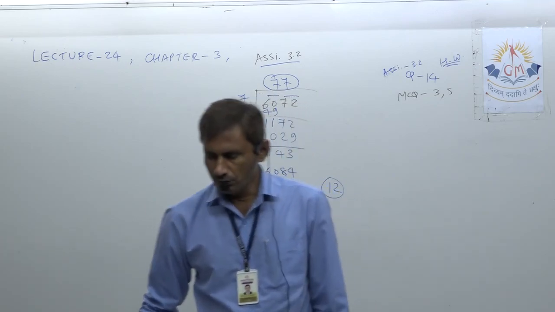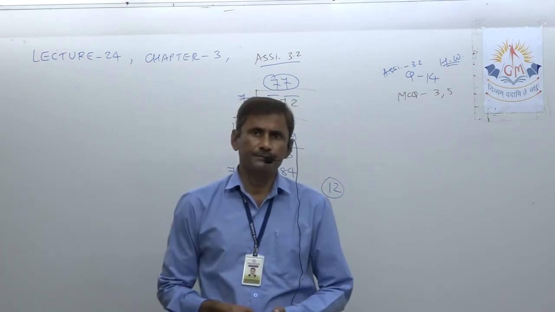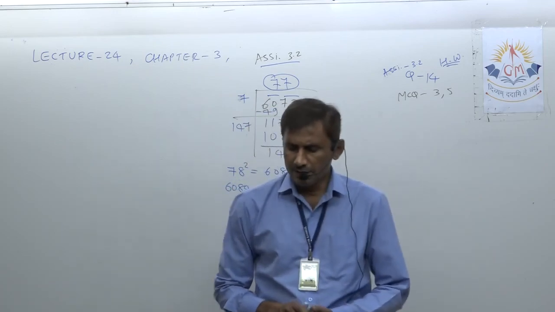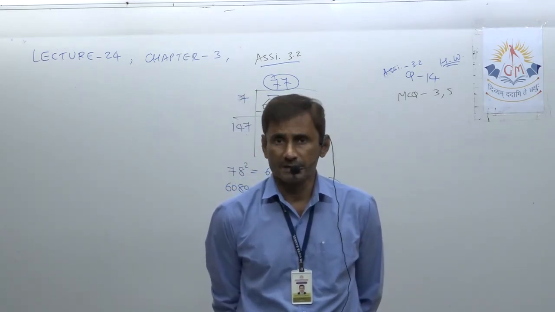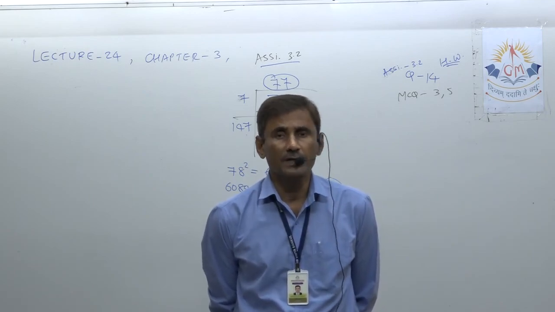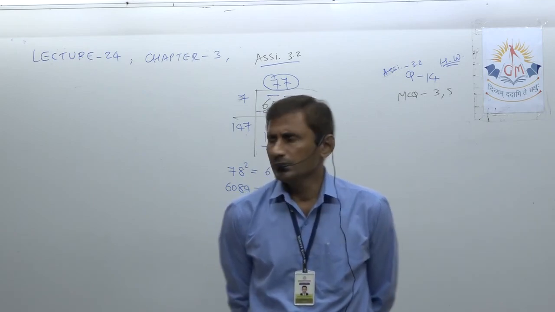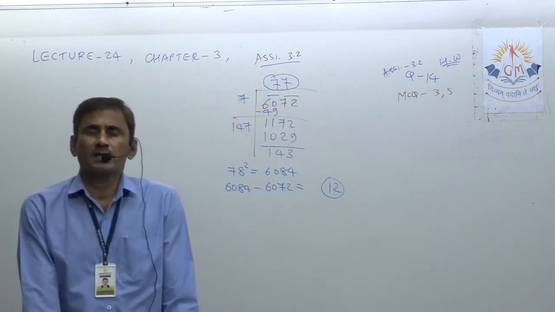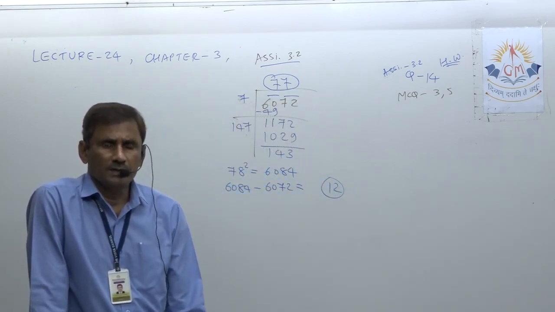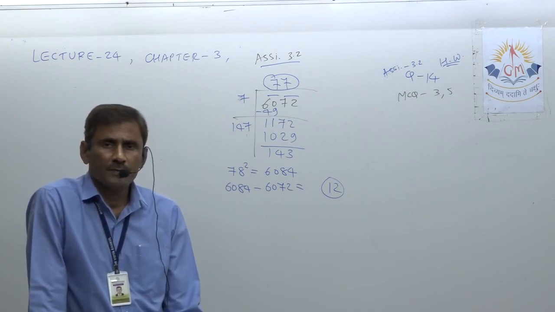So far we studied square root, and the next exercise is also about square root. Then we will have cube root and cubes also. And I think it is purely calculative. So if you don't make any mistake in calculation, I think it is not so hard.